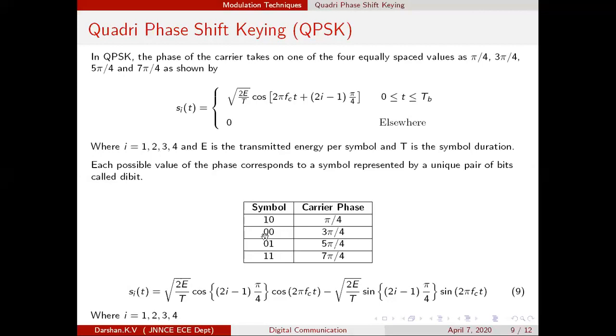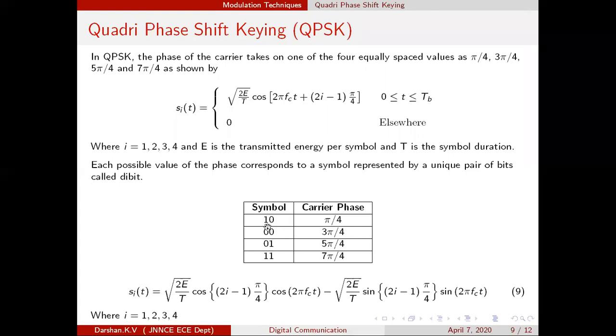There are four types of symbols you can use; in this system you are going to use four different symbols. The symbols are as shown in the table: 1 0, 0 0, 0 1 and 1 1.